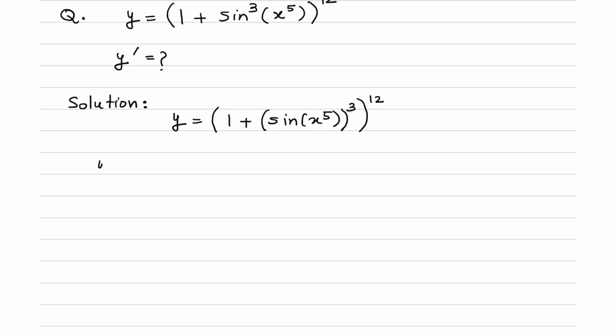Whenever there is a whole power on an expression and you have to find its derivative, you will start with the power rule of derivative. What does the power rule of derivative do? It brings the whole power to the side. Whatever is the expression inside the power, you write it as it is: 1 plus sine of the angle x to power 5 cubed, and then the whole power becomes 11, since you subtract 1 from the power.